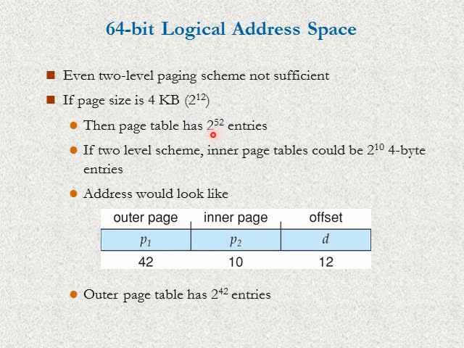If we deploy a two-level paging scheme, the outer page table will still get 42 bits, and 2 raised to the power 42 entries will be stored in there. So you can see that even this is not feasible for a system where we have 4000 million entries in the outer page table.